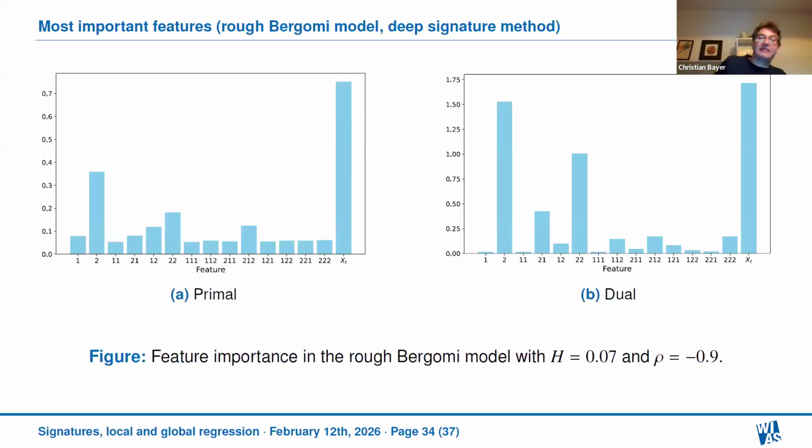Maybe interesting last slide. We also tried to look at, once again, coming back to what I showed you in the very beginning, is the non-Markovianity really important? And here the thing is, some of the iterated integrals are actually nothing but polynomials.